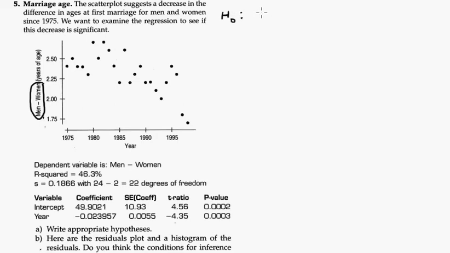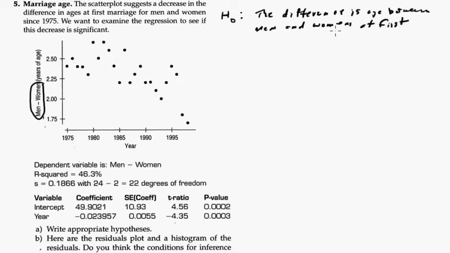So the difference in age between men and women at first marriage, okay, that's important. We're not talking about the 5th marriage or the 10th marriage.